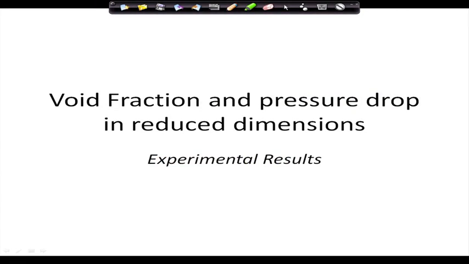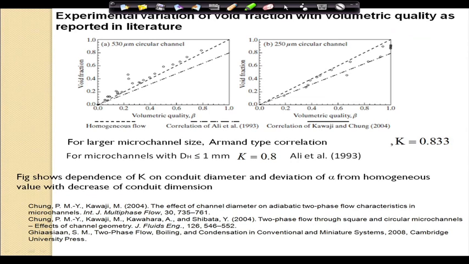Once I discuss the experimentally observed trends, then we go for the simple analytical models, or the theoretical analysis of two-phase flow specifically for microchannels. Now, if we go for the results, what do we find initially?